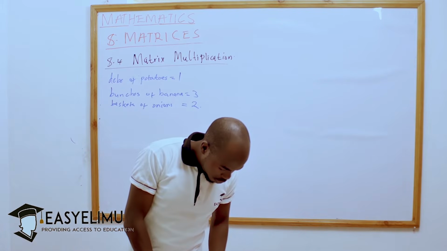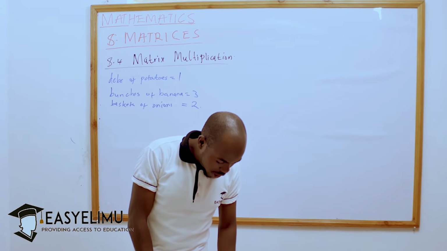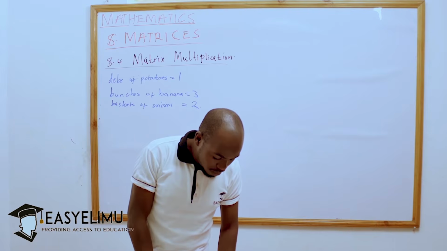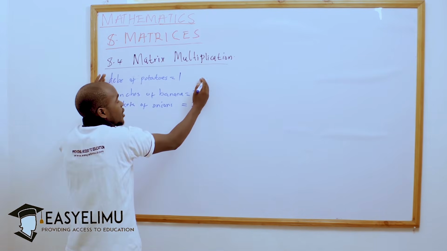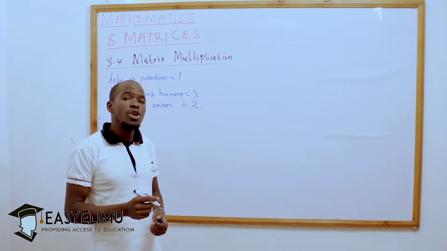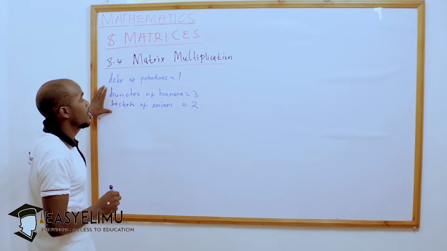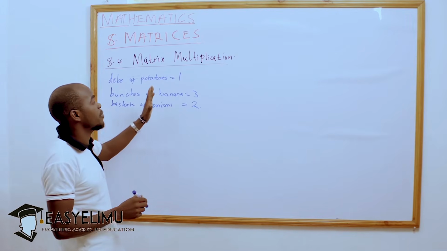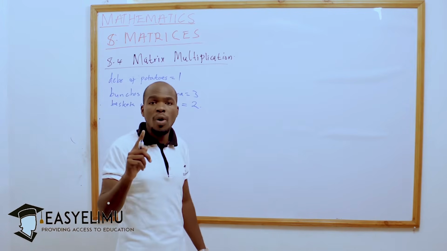So from there, we have been told to express the kiosk owner's requirement as a row matrix. The requirements are what we have here, so we need to express them as a row matrix. Since we have understood what we have here, if we express them in a row matrix, it means that we are using only 1 row.